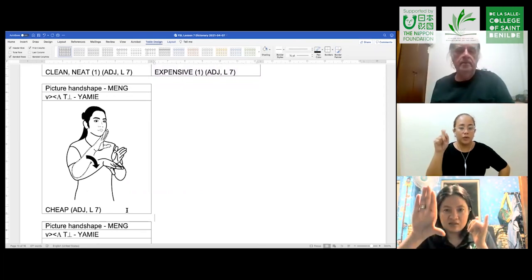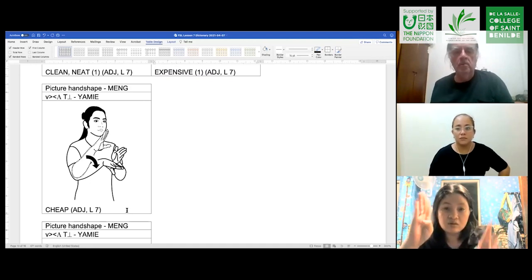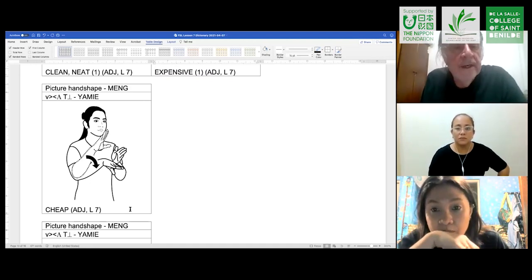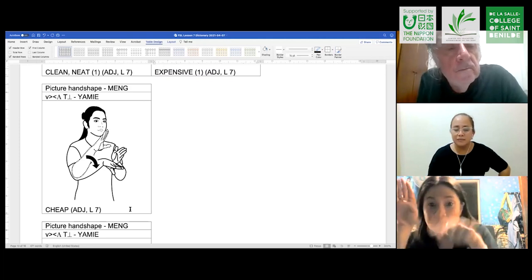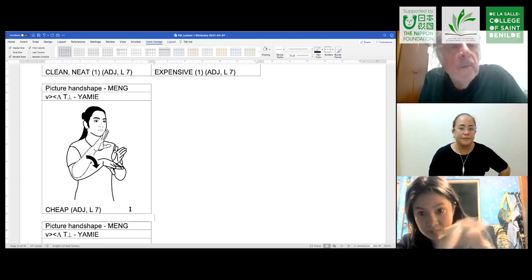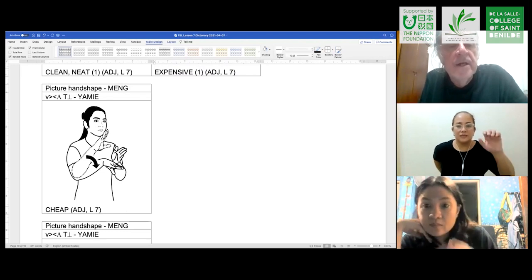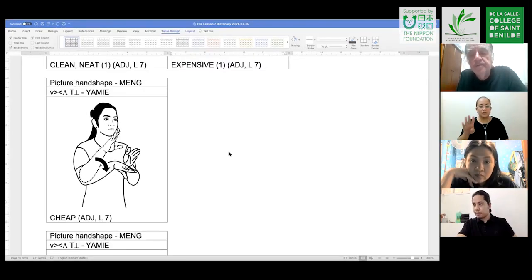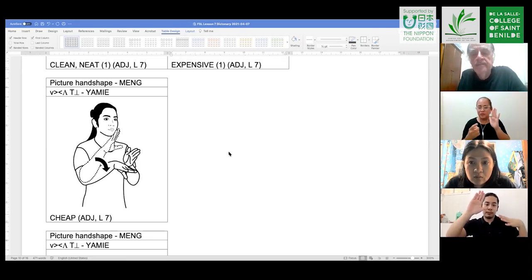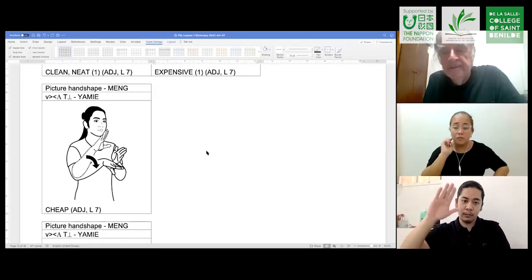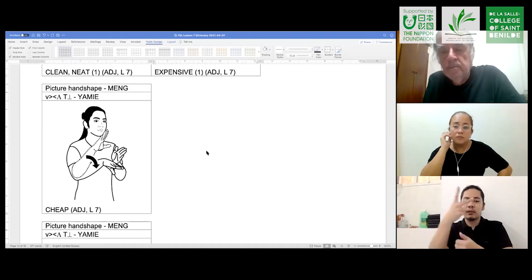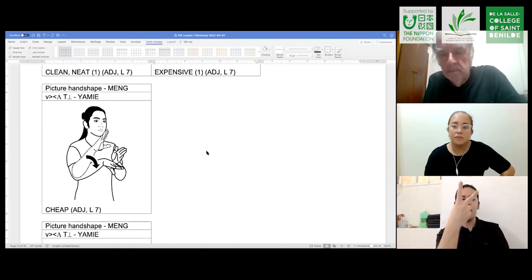Okay. So we're not too sure which, because of the thumb. Should we put it by the position of the thumb, or by handshape? Let's just do it by handshape first. So then you're okay. So there's two ways.